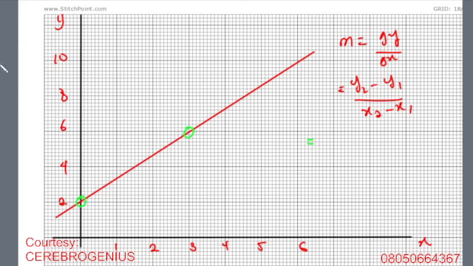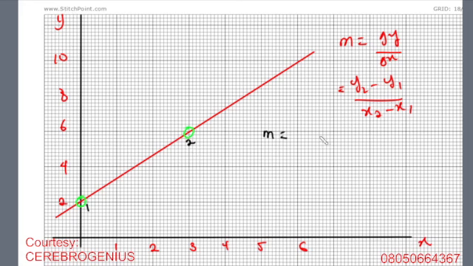Now what will be the slope of our line? This is the first point, this is the second point. So our y2, you trace it to the vertical axis to know the value of y.